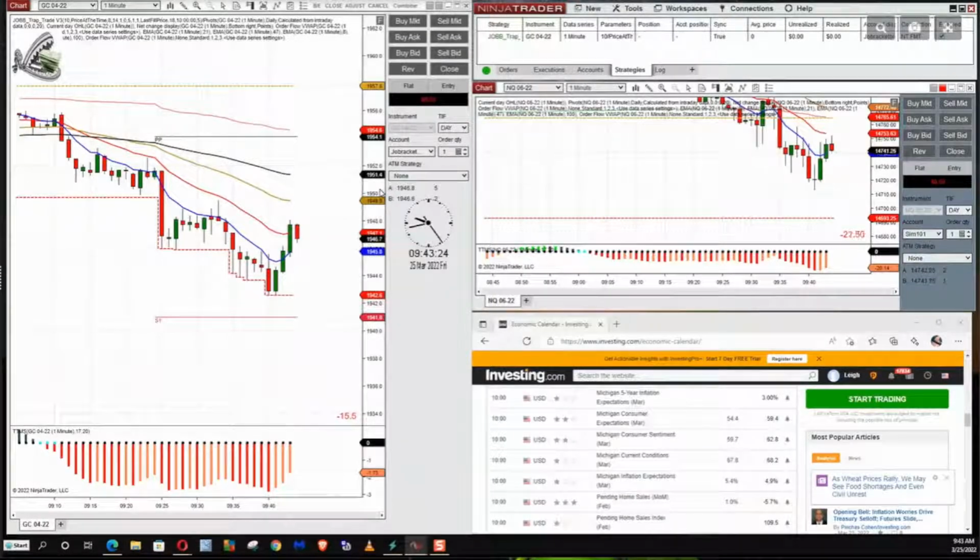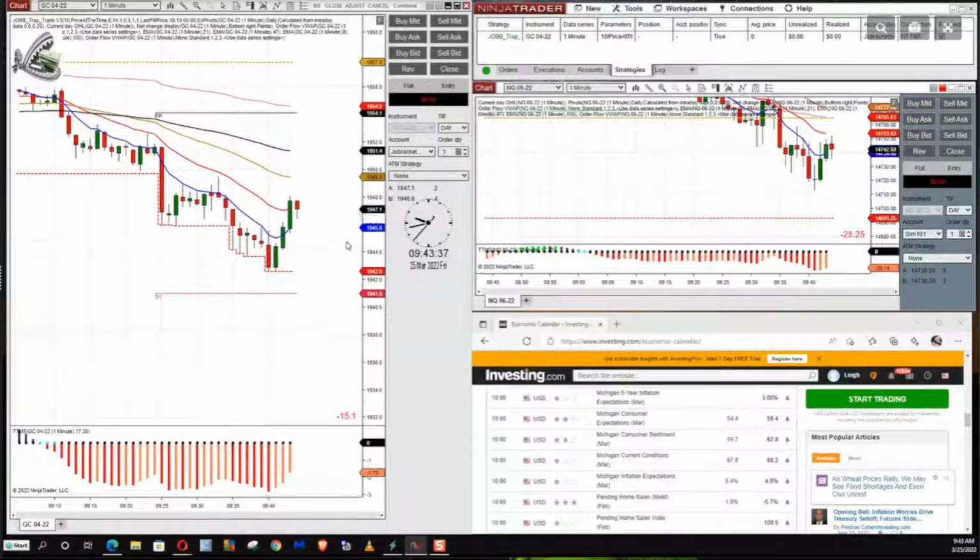And then we'll see how it responds. The idea is if it goes up, we're going to be short. If it goes down, we're going to be long. If it just goes in one direction, that is the enemy of the trap trade.